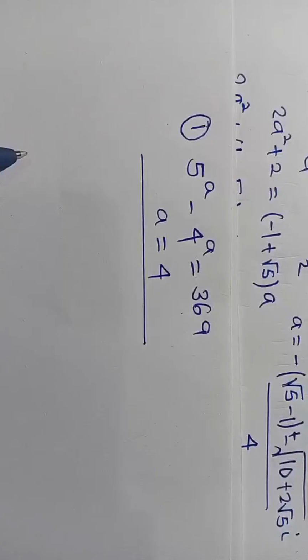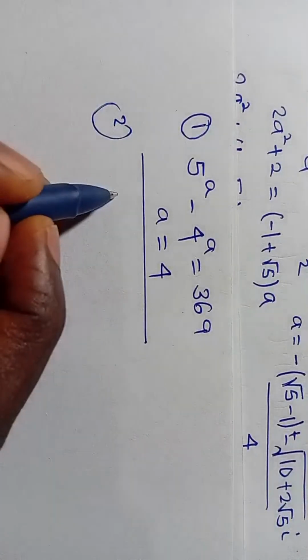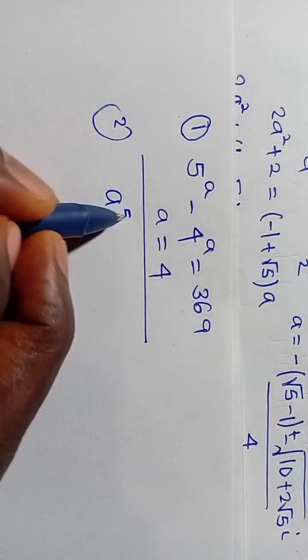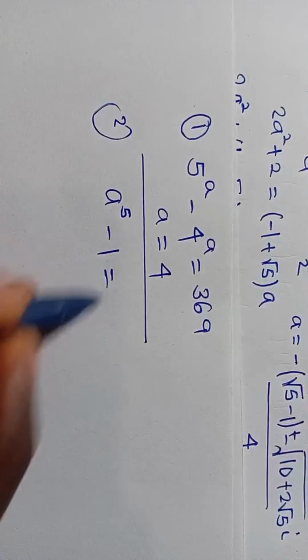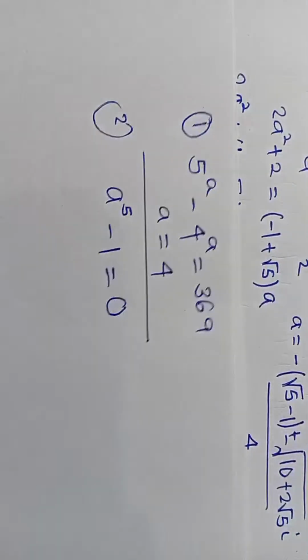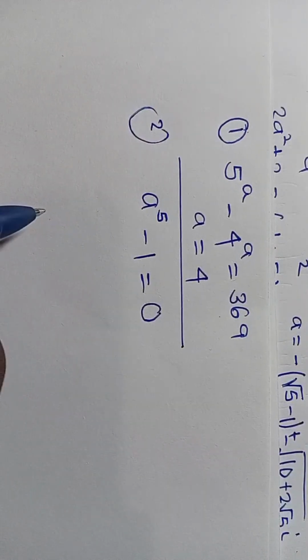Then for the second problem, we have a to the power of 5 minus 1 to be equals 0. And we got 5 solutions.